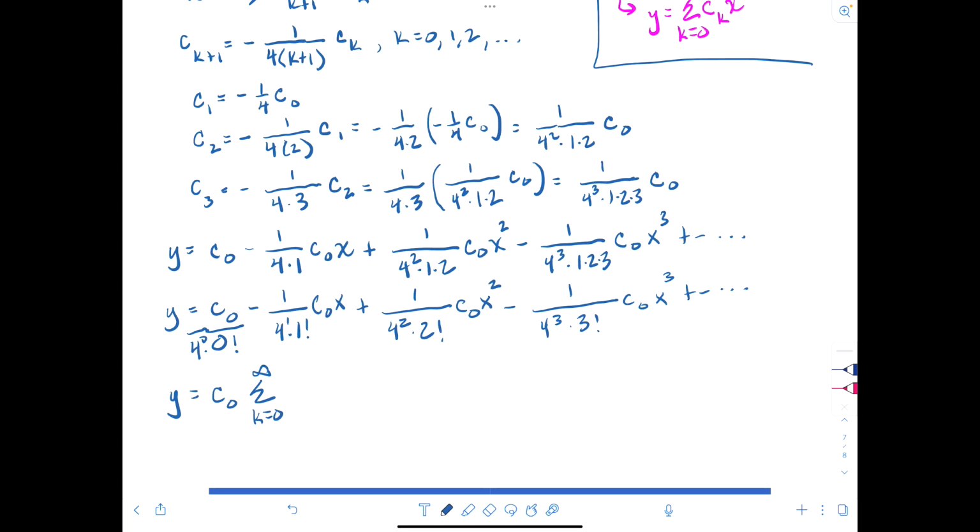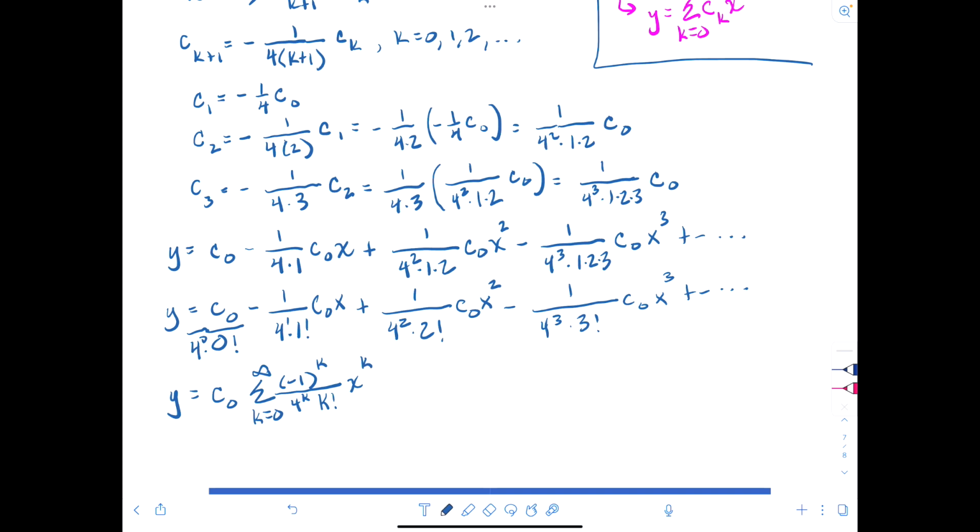Now we're going to have to figure out, it's alternating, so negative 1, if I put that to the k, and I start at k as 0, I think that's going to work just fine. It's going to be over 4 to the k, and then times k factorial, and then times x to the k.